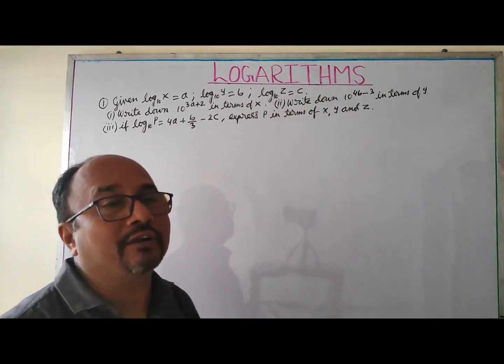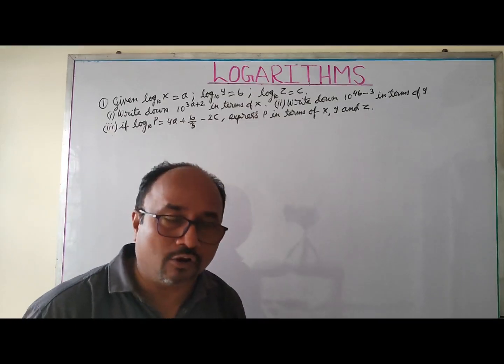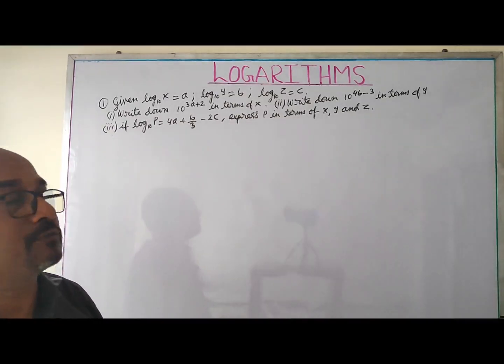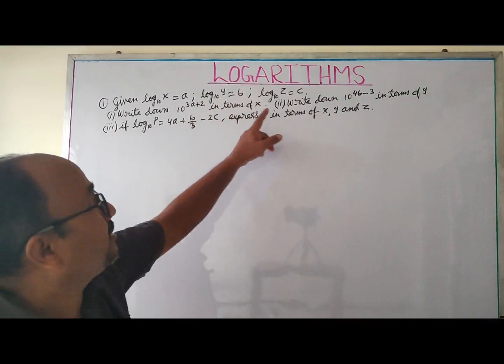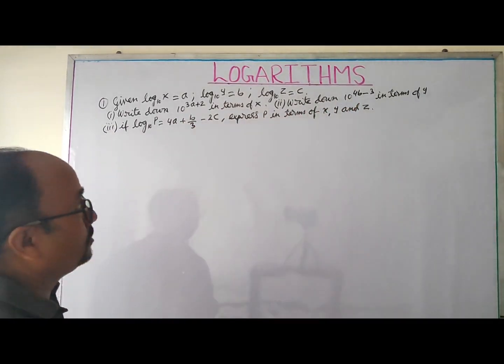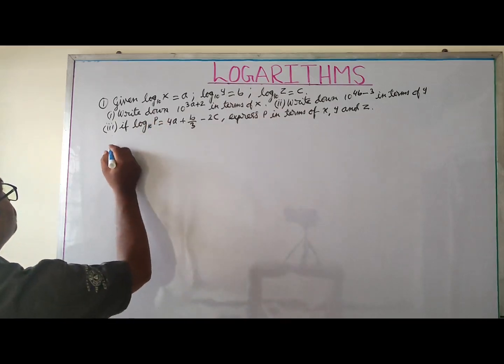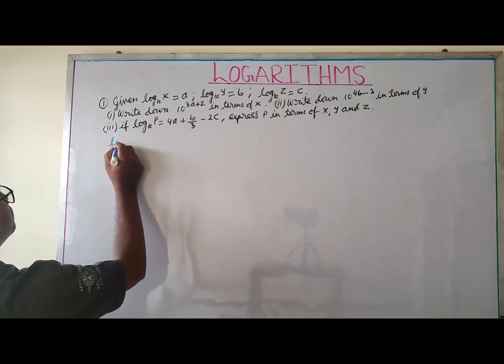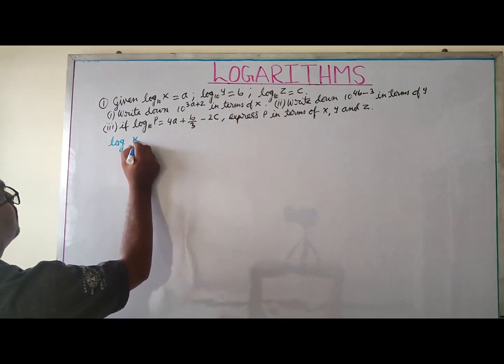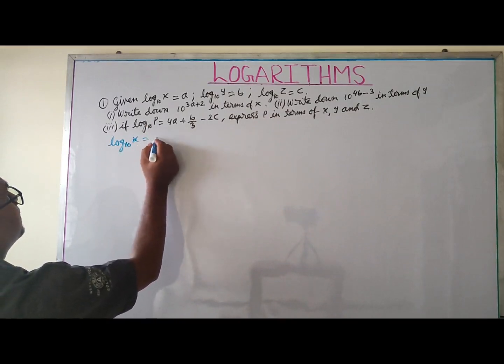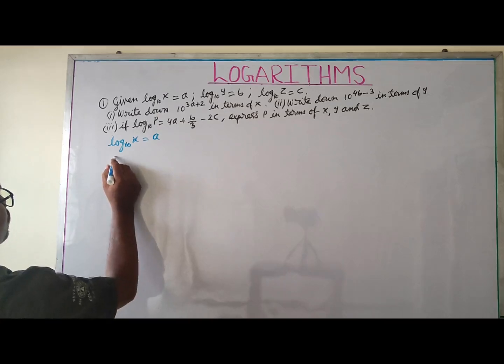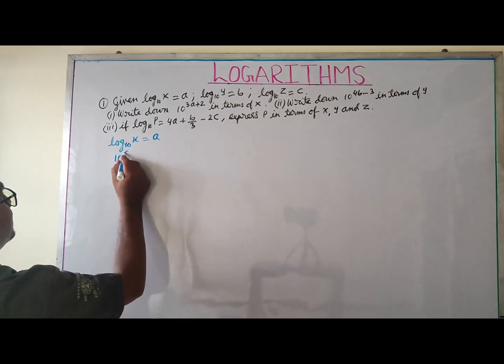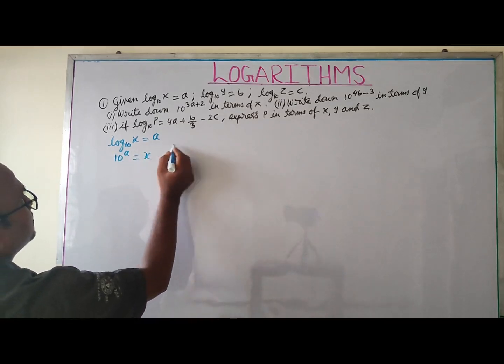So we need to start with the given part, which is given in log, and convert it into the exponential form because we require exponential forms. Writing the first one, log x to the base 10 is equal to a. So 10 to the power a will become x.